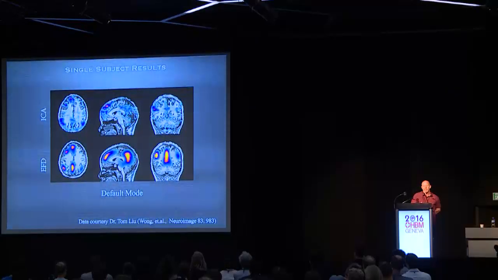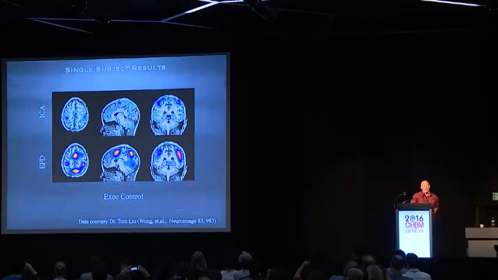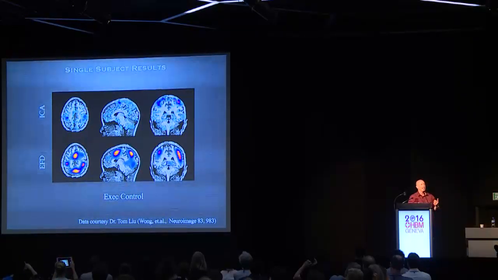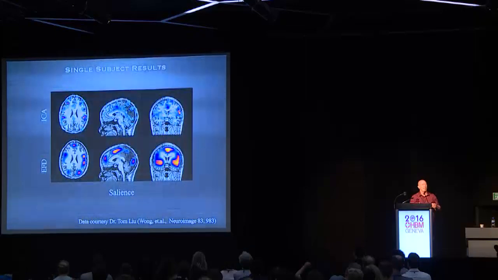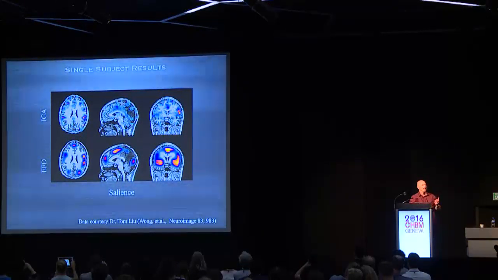Here are some single subject results from data from Tom Liu at UCSD, with ICA compared with EFD, and the default mode. The names of these modes, by the way, are the ones closest to what you see in the literature, but I think the most interesting thing is that you see lots of spots show up in individuals which are not exactly like the salience network, for example.